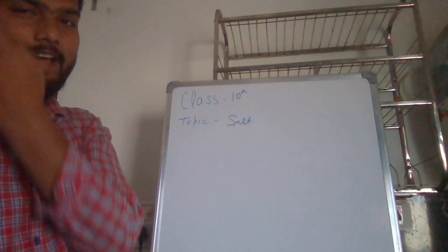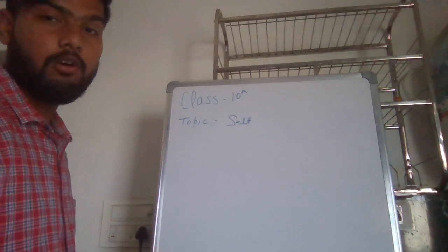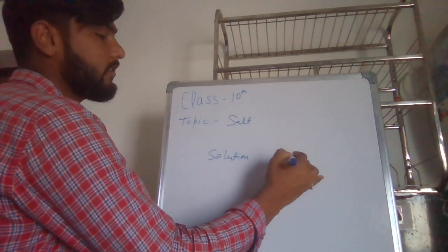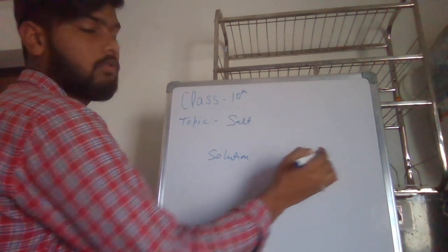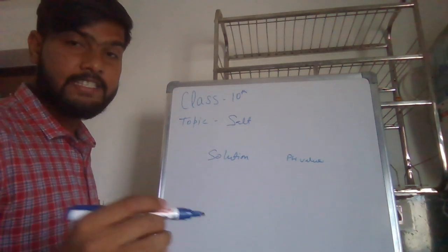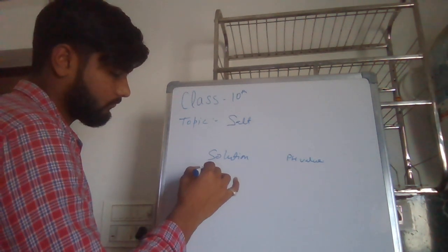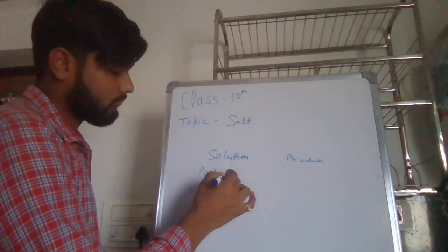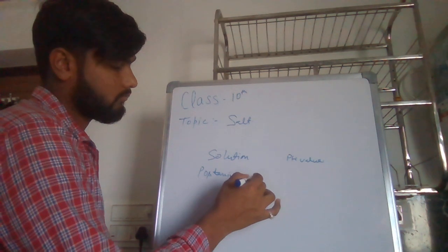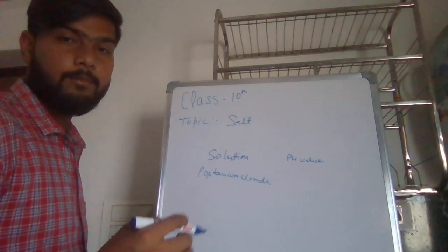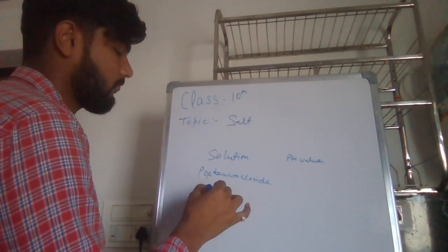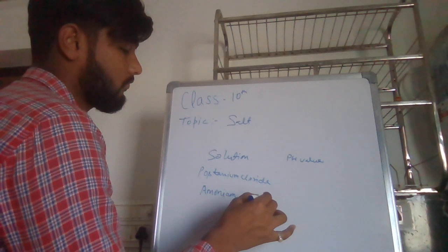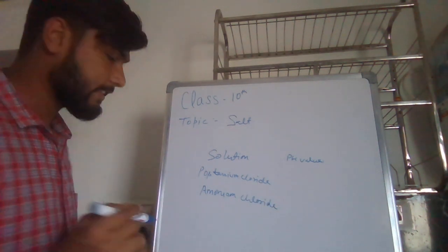I have solutions and you have to tell me the pH value of each solution. The first one is potassium chloride, the second one is ammonium chloride, and the third one is sodium acetate.